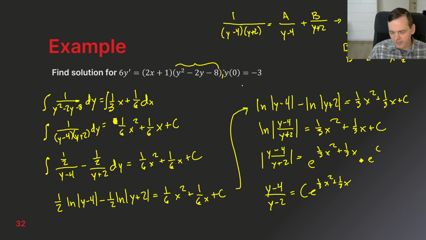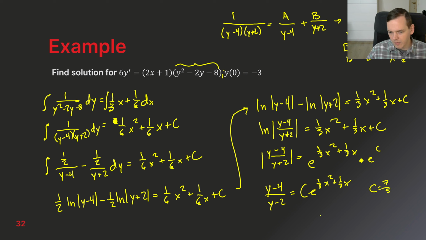But we do need to use our initial condition, so y of 0 equals -3. That will be plugging in -3 for the y values, plugging in 0 for the x. So I plug in x equals 0, this whole e to the whatever goes to 0, or goes to 1. And then if I plug in -3, I get -7 over -1, which means that c is equal to 7.